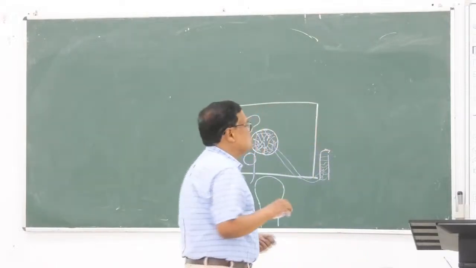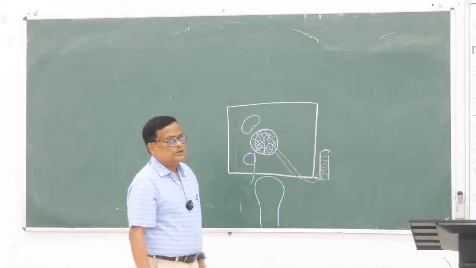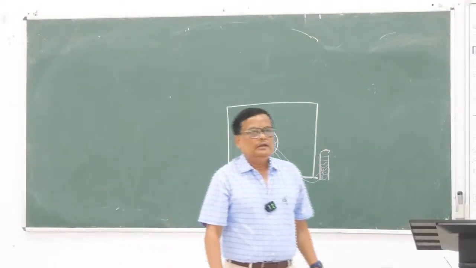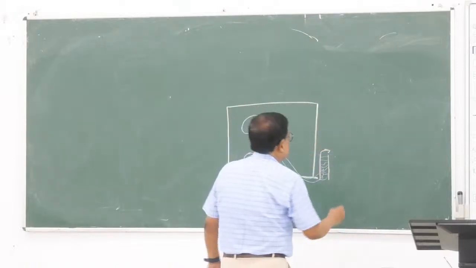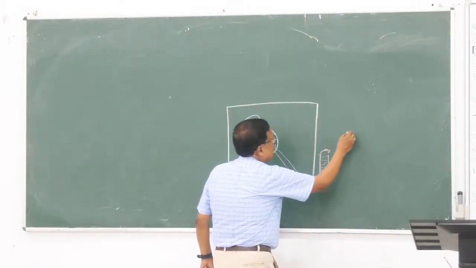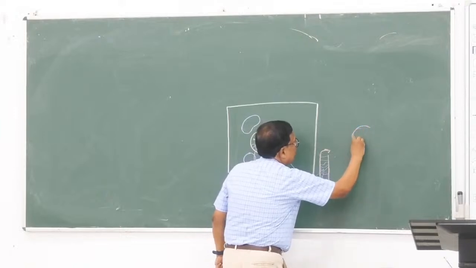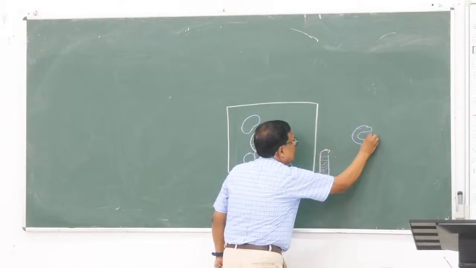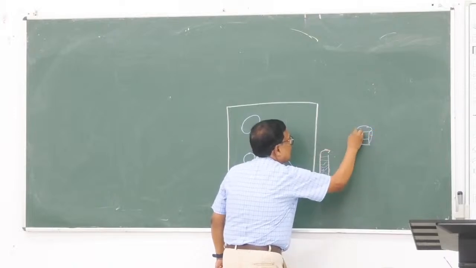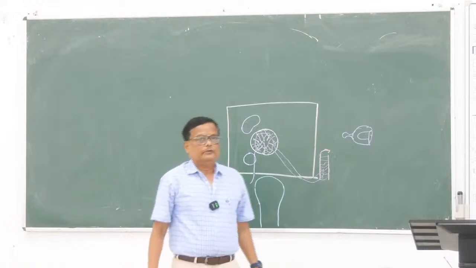The oval window is closed by, you know, there are three ear ossicles: malleus, incus, and stapes. Stapes looks like that.